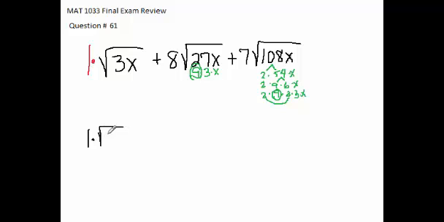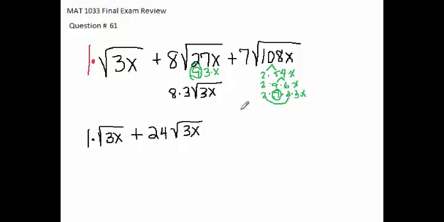1 times the square root of 3x, that stays the same, no perfect square factors, plus, now this would be 8 times the square root of 9, which is 3, and then of course the 3x would remain as the radicand. That's 24 square root of 3x. Now those are very much alike in that they have the same radicand and the same square root symbol there.